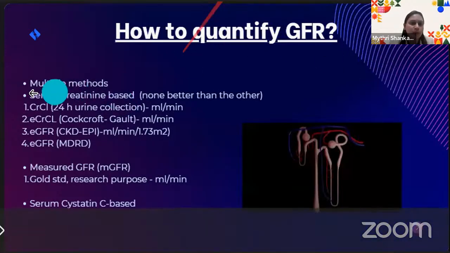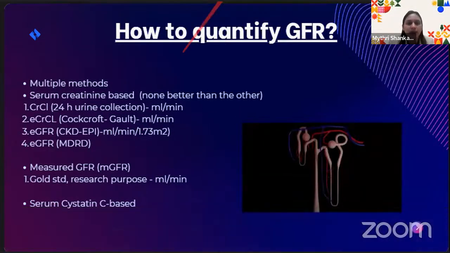But most commonly what we use is serum creatinine based, and studies have shown that none of these methods is superior over the other. So usually what we do is we download the National Kidney Foundation application from the website, and we use the CKD-EPI creatinine based 2021 calculator. You just have to enter age, gender, and creatinine, and you will get the eGFR calculated automatically.